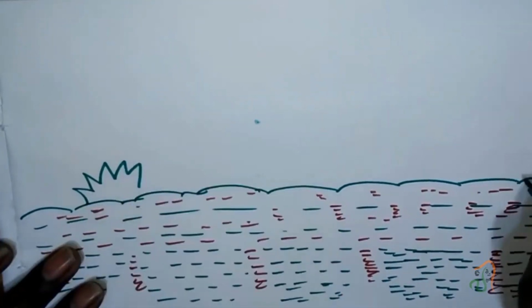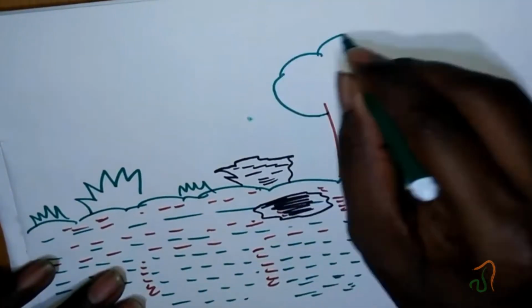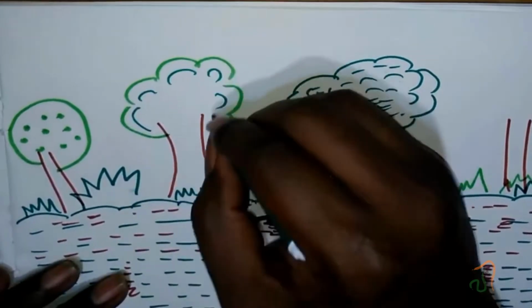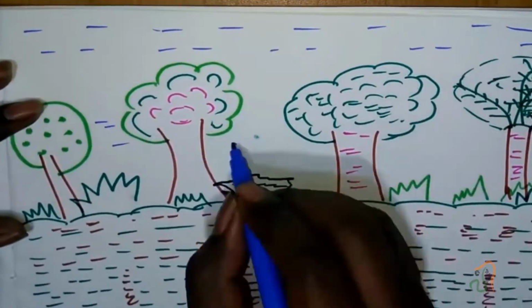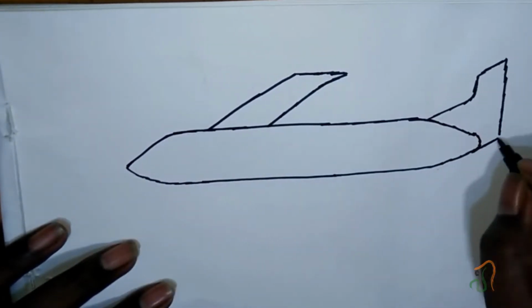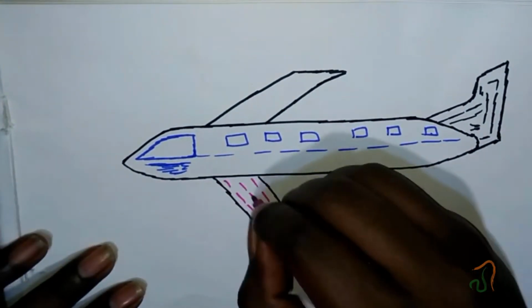We will create some grasses, draw some trees and create a forest environment. Then finally we are going to draw our sixth image, an aeroplane image. We are just going to draw a simple aeroplane drawing.